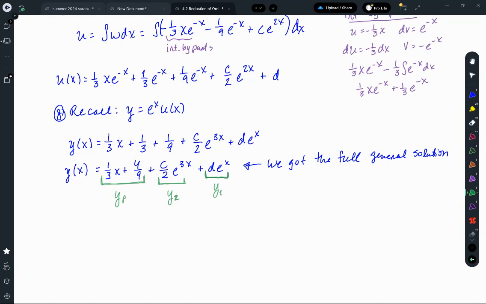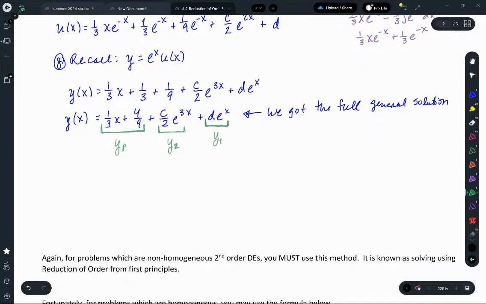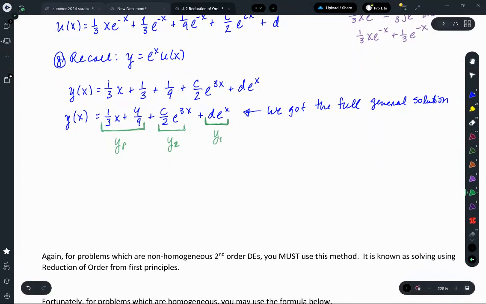Okay, so if you are asked to do one of these problems in WebAssign, it may ask you which part of your solution is the particular solution, which part of your solution is the second y, and here's how we figure it out. So this is admittedly the harder way to work through these problems, but it is the only way if we have a non-homogeneous equation.